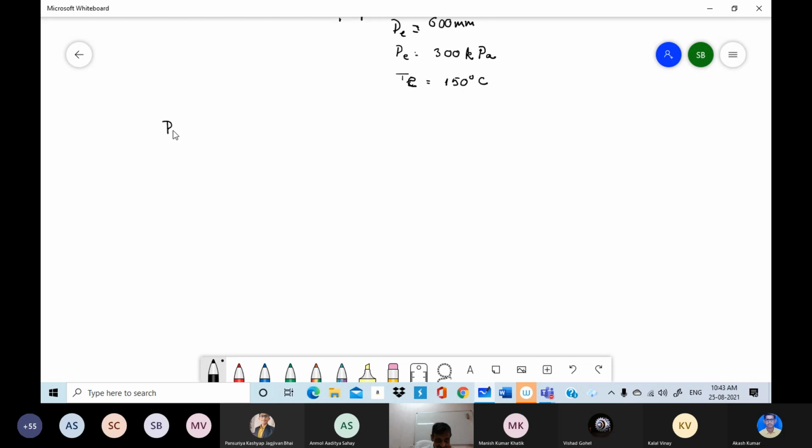Let us discuss, if we take a certain amount of water and we heat it, and as we heat it, we keep on noting down the volume of the water.